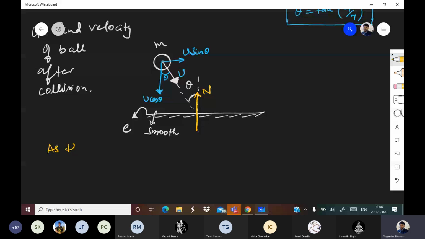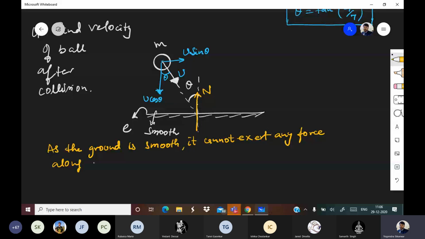Along the surface can be only one force, friction, which is 0.